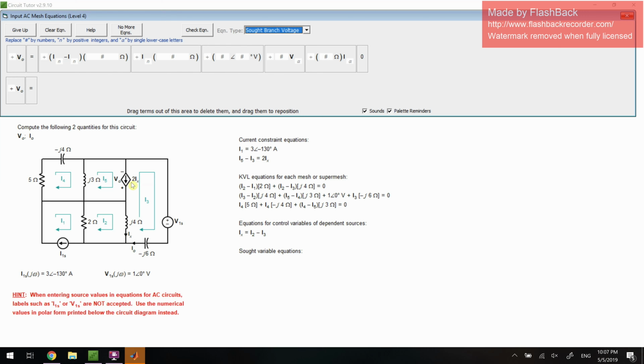So we have to look for a branch that is in parallel with this branch, because voltages across parallel branches are the same. So it looks like there is one branch, the J3 impedance, that is actually in parallel with our sought voltage.